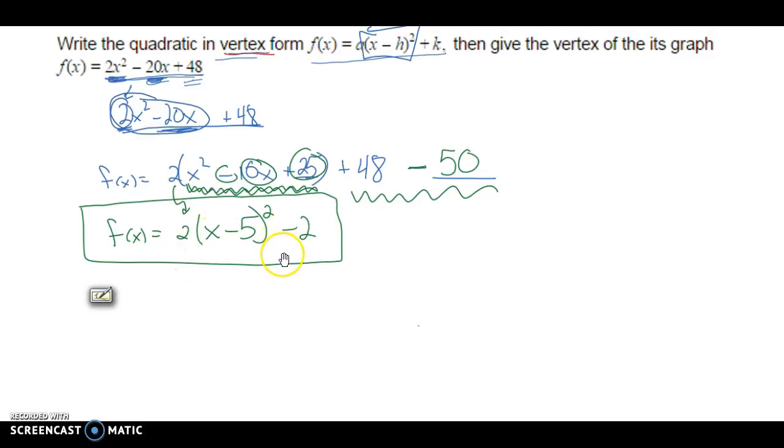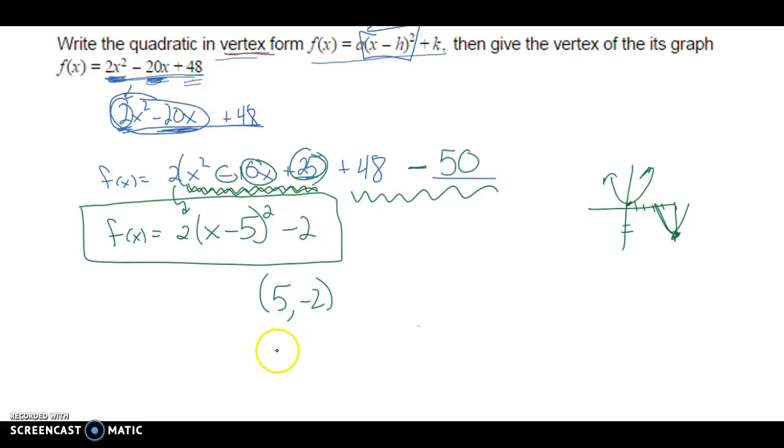It's called the vertex form. And we can look at this and know, oh, this would be a parabola, a U-shaped graph. I know that because it's got the squared over here, and it'll be shifted 5 to the right and down 2. So the vertex that's normally at 0, 0 would be shifted 5 to the right and down 2. So that vertex must be at positive 5, negative 2.